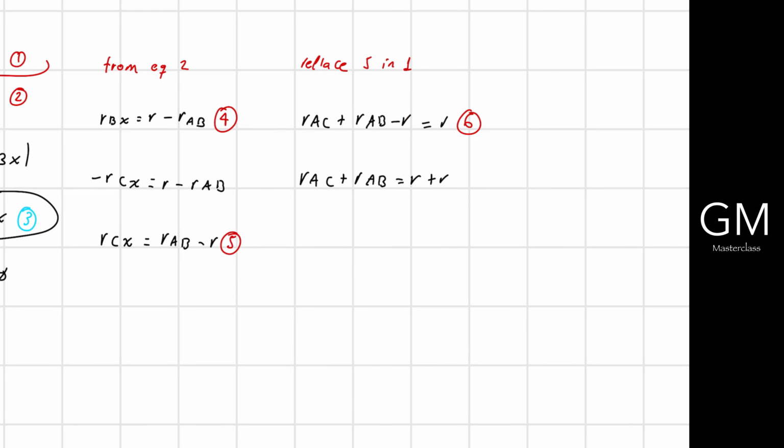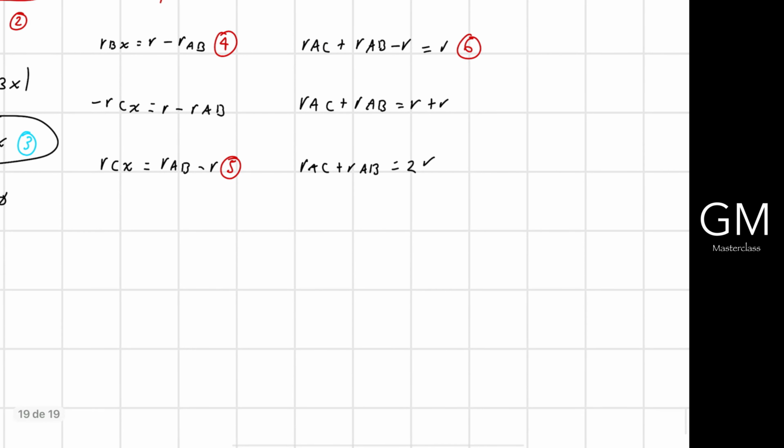Because I have right here one r, so I just have to send it to the other side of the equation, but with a positive sign. That means that r_AC plus r_AB is equal to 2 times r, right? That means that r is equal to r_AC plus r_AB divided by 2.